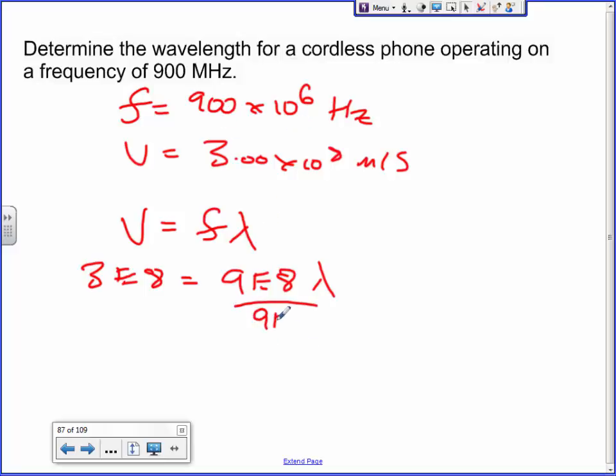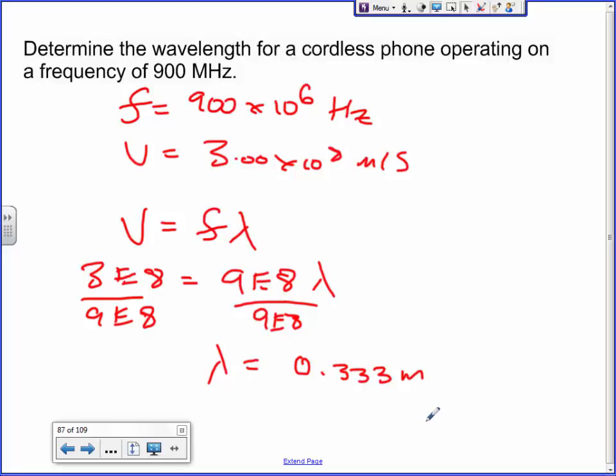Anyways, long story short, we just need to divide by this. So our wavelength should be 0.333 meters, because 3 over 9 is 1/3, right?